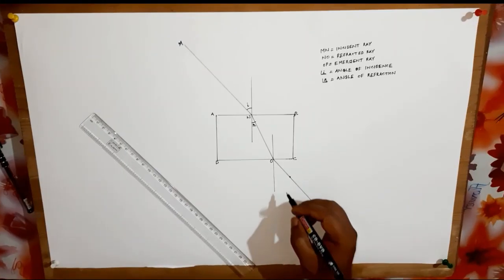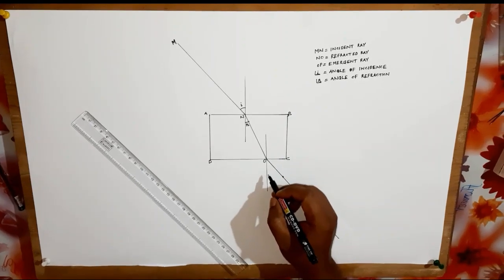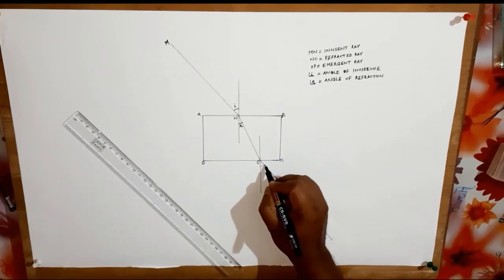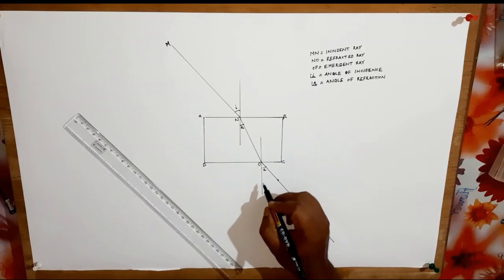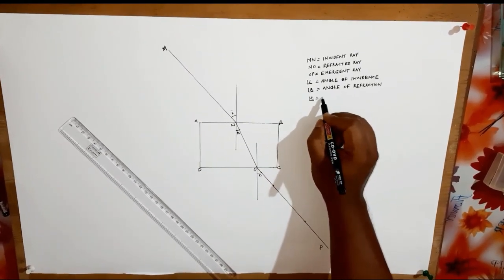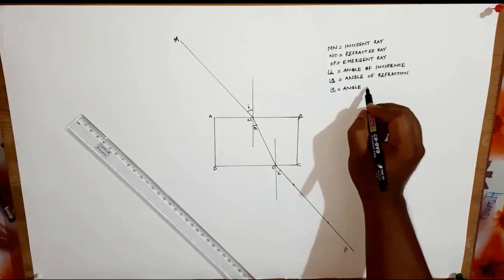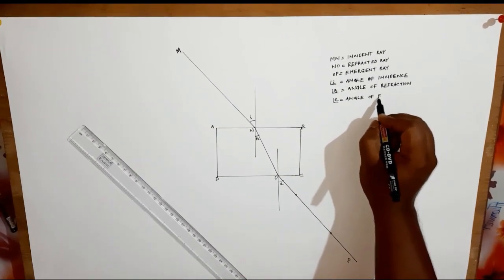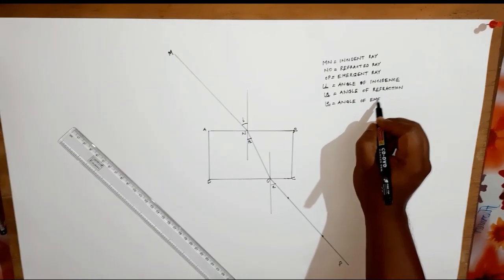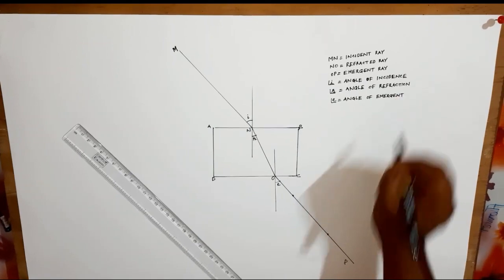Clear? So the angle formed between the emergent ray and the normal is called the angle of emergence. Suppose e. So angle e is the angle of emergence. Clear?